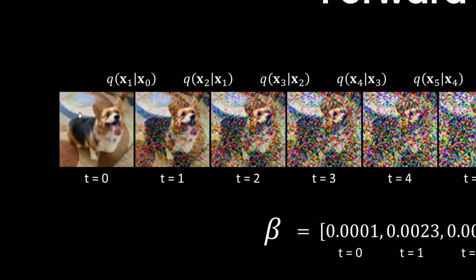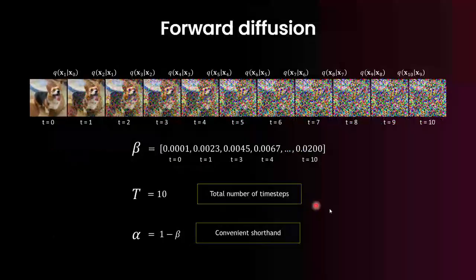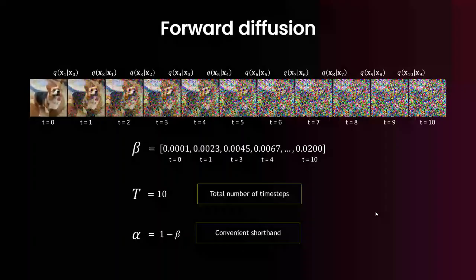How much noise we add at each timestamp is based on something called the variance scheduler, which is something we decide.